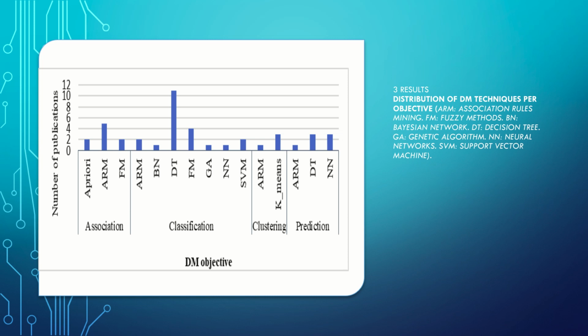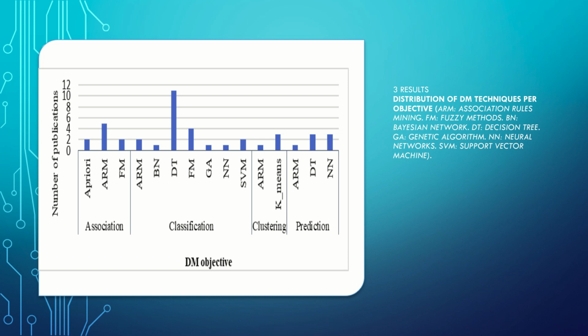For the clustering objective, K-means is the most frequent, followed by association rules with a percentage of 75% and the second with 25%. As for prediction, neural network and decision trees are the most used with a percentage of 43% each, followed by association rules with 14.3%.